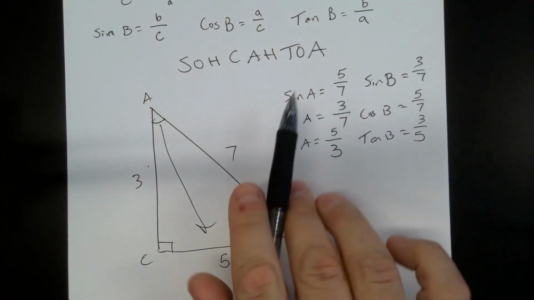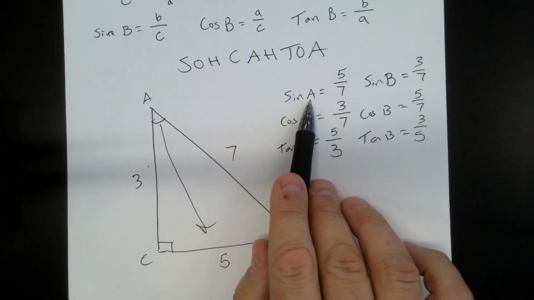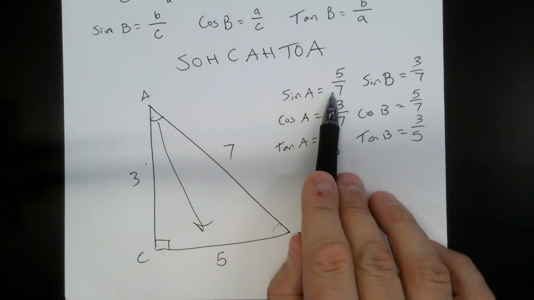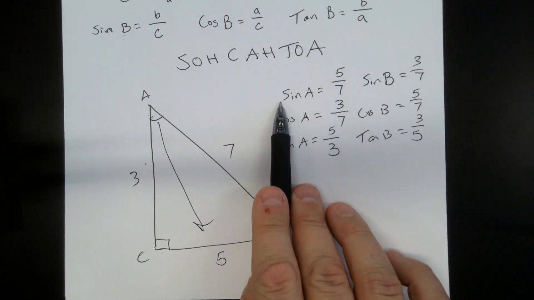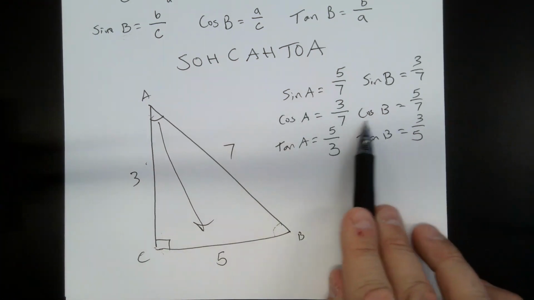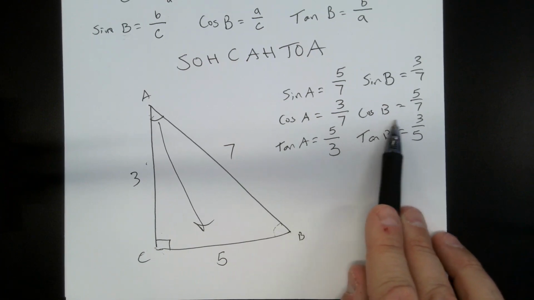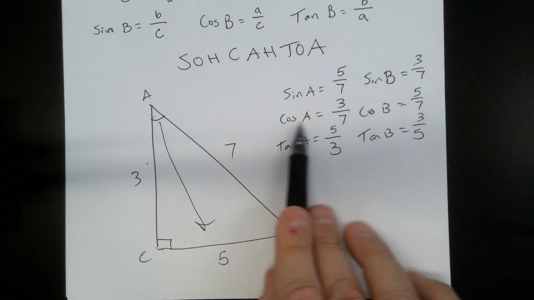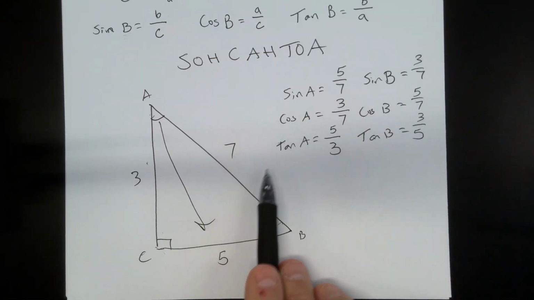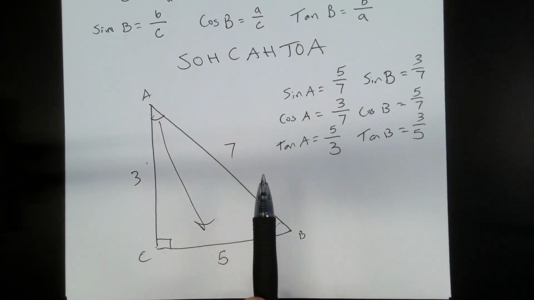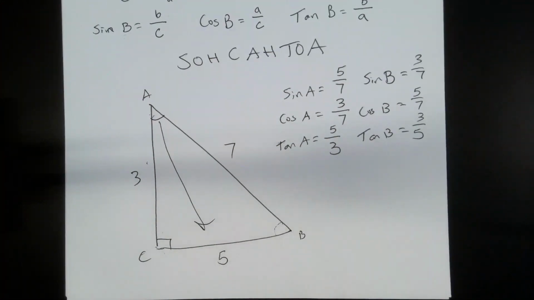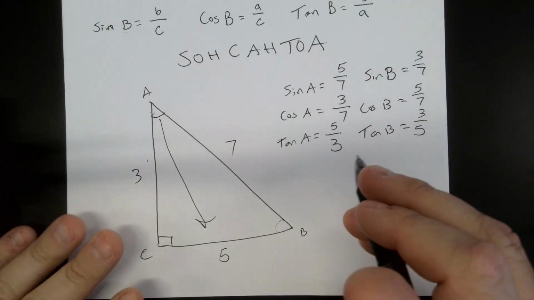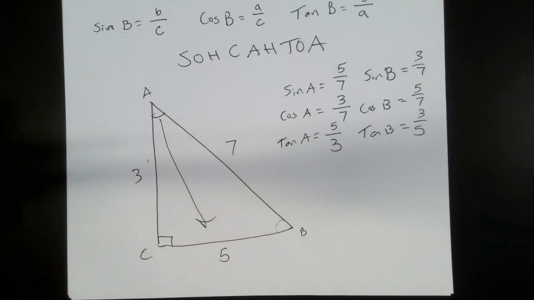We need to look at these things right here. Sine of A is equal to 5 over 7, but does everyone see something? Sine of this angle is equal to cosine of the other angle, B. And the tangents are reciprocals of each other.